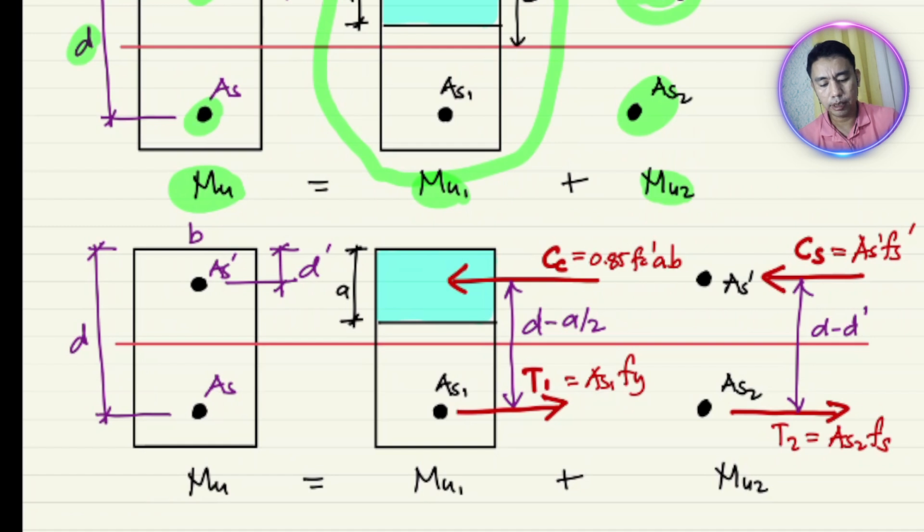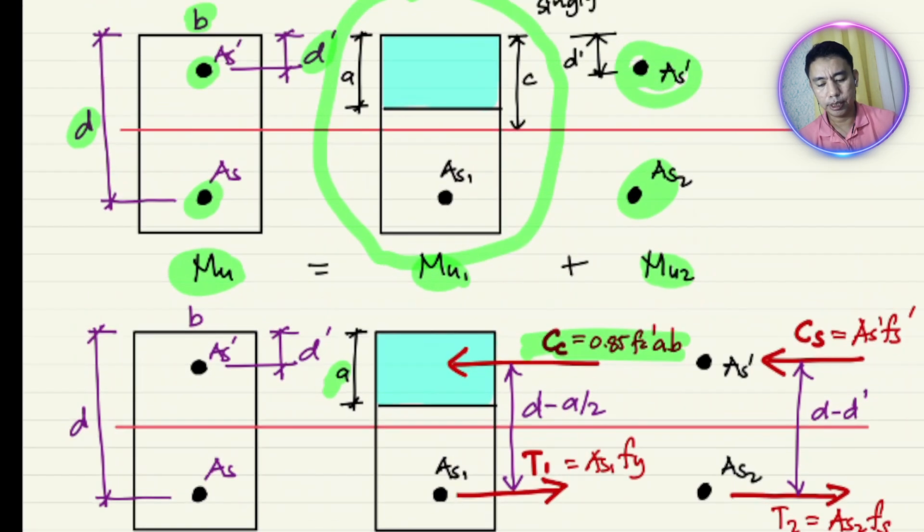yung compression ng concrete, we call it Cc. You can see there, ang compression ng concrete is still 0.85 f'c ab, where a is the depth of a stress block, okay, which is still the same. a is equal to beta 1 times c. Yan.